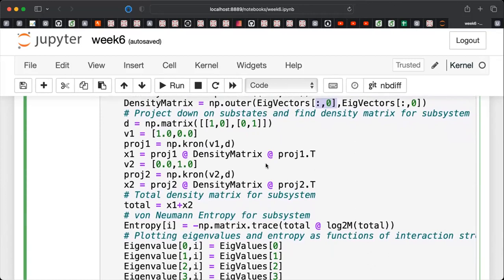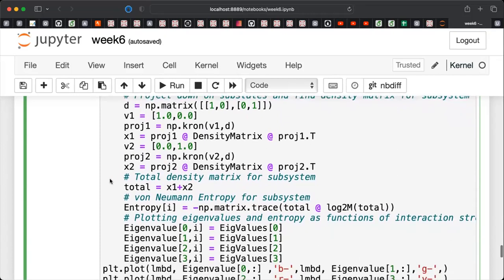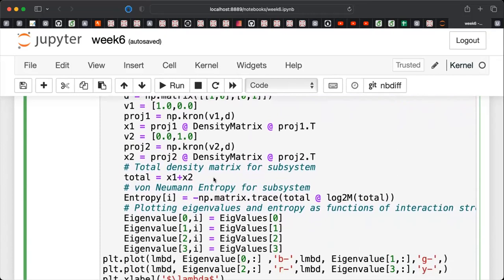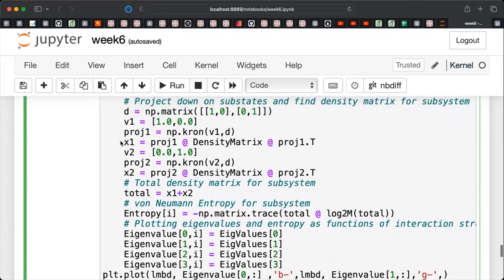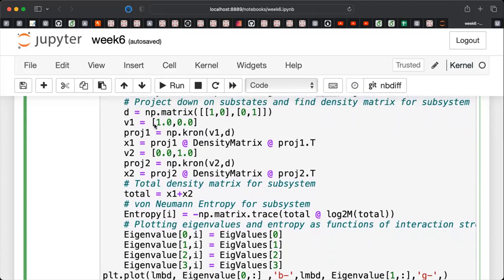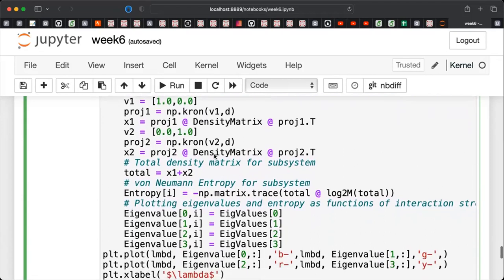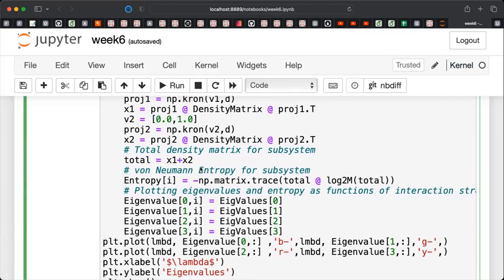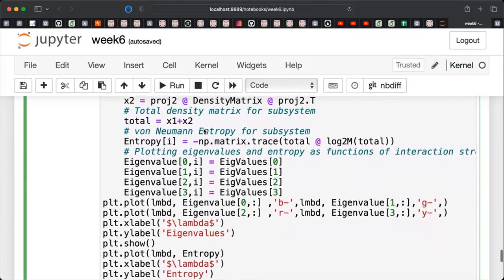And then I can do the same for the subsystem 2. And when I then set up the total density matrix for the subsystem, I have the subsystem for the state 1, 0, and then the state 0, 1. And by doing that, I get the total density matrix of the subsystem. And then I calculate the von Neumann entropy, which is given by the trace.